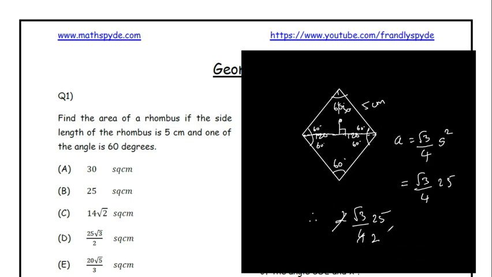So the answer is therefore root 3 by 2 times 25, which is D, square centimeters.